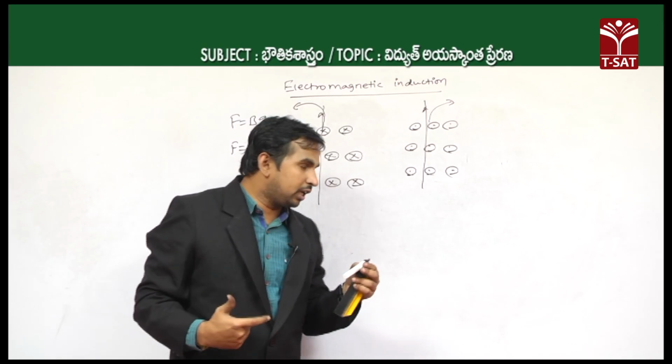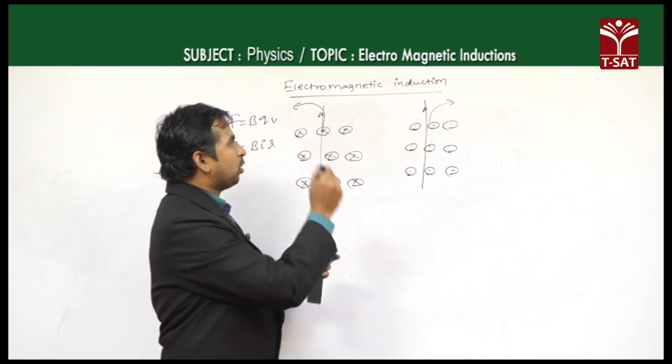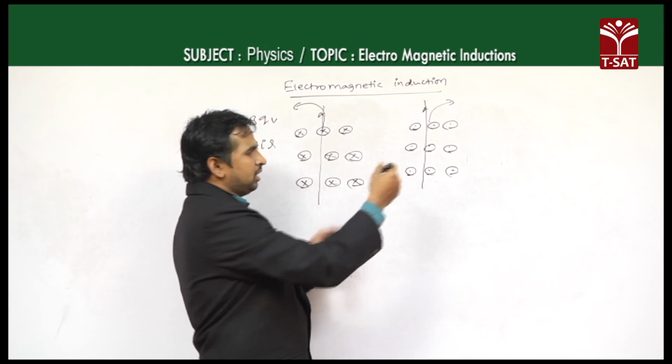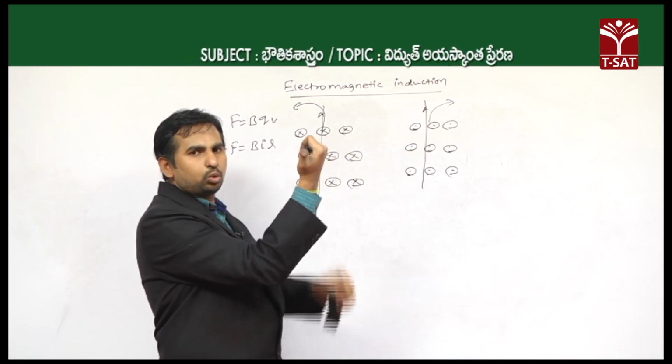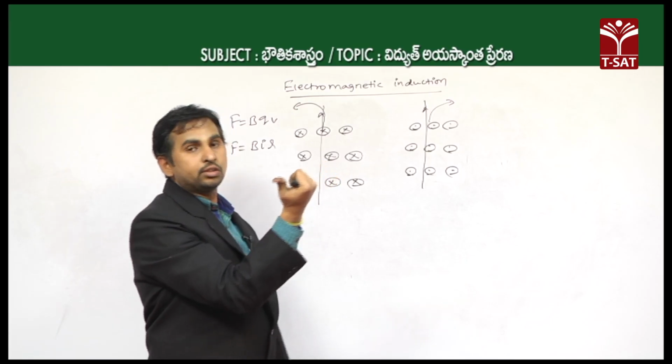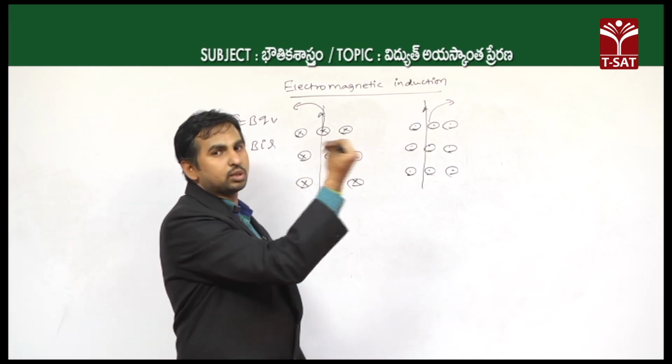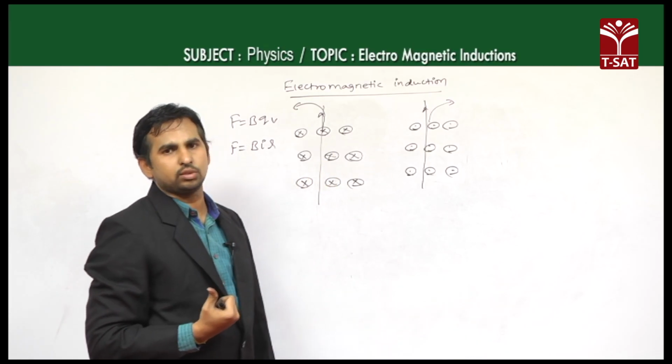Suppose the current carrying wire is coming out of the plane. As it is coming outside, we have to curl our fingers to hold it in this direction, so the magnetic lines of forces are acting in the anti-clockwise direction.